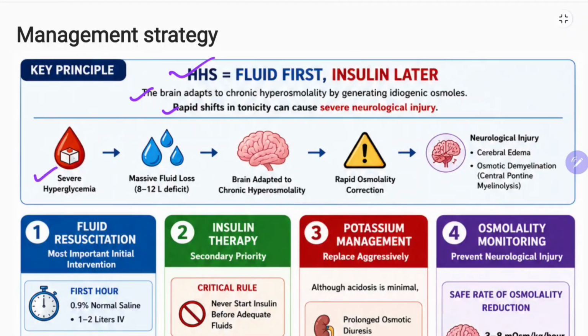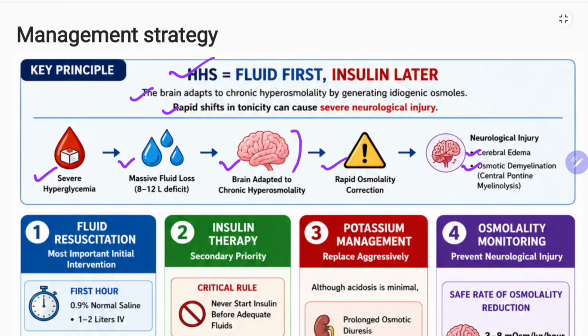How? Severe hyperglycemia causes massive fluid loss, an 8 to 12 liter deficit. The brain has adapted to chronic hyperosmolality. Rapid osmolality correction leads to neurological injury in the form of cerebral edema or osmotic demyelination syndrome, also known as central pontine myelinolysis, because of dehydration of the brain.